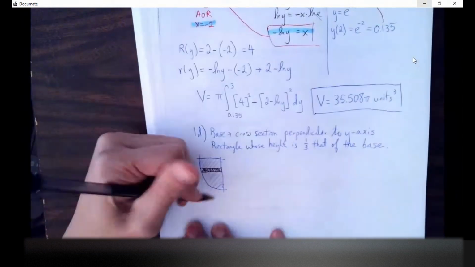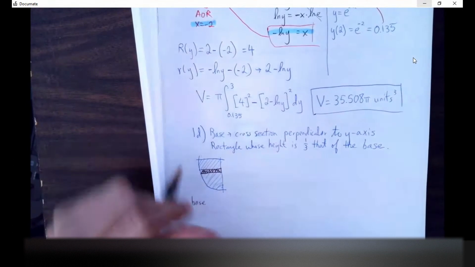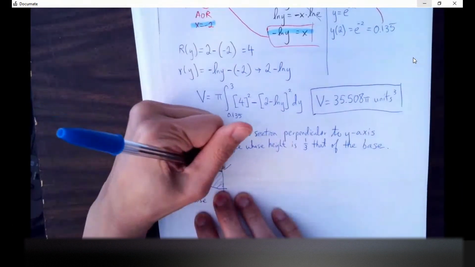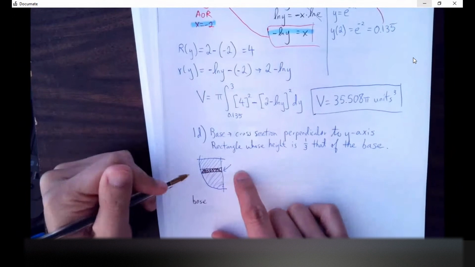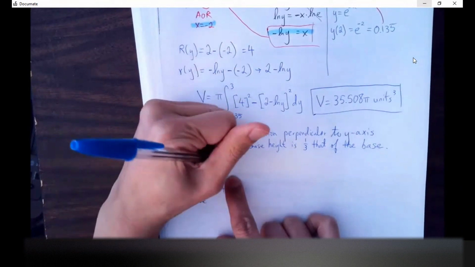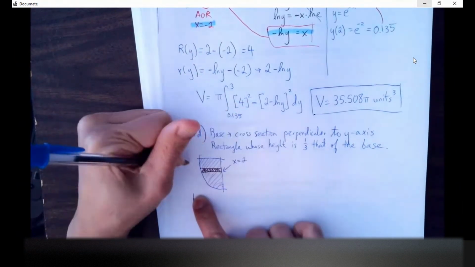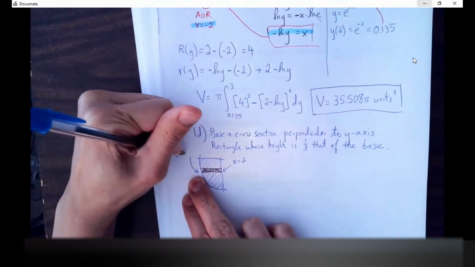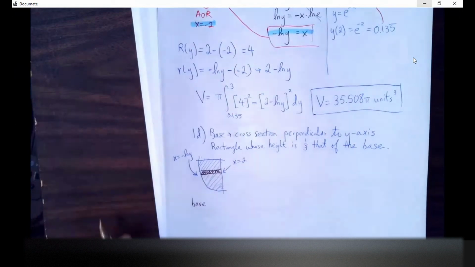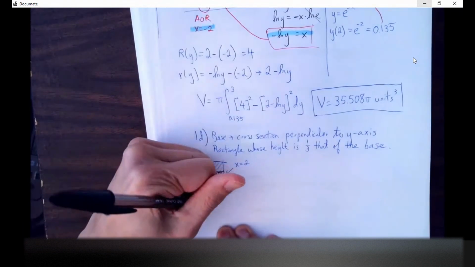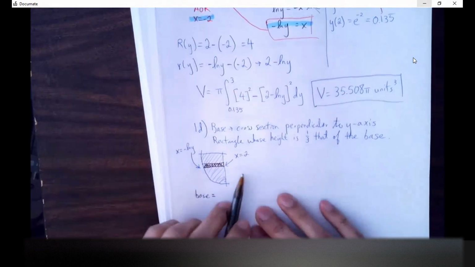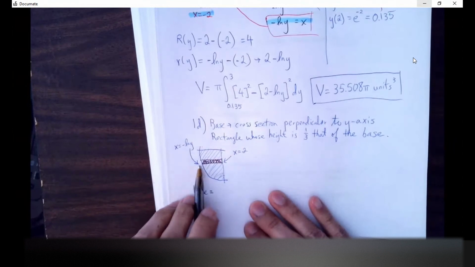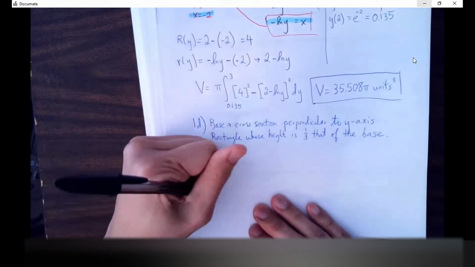All right, base length. We know horizontal, everything has to be as x equals, so we know this is x equals 2. And we already converted this curve, right? All right, base length, right minus left, 2 minus parentheses, negative natural log of y.